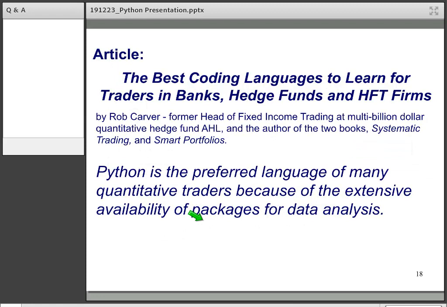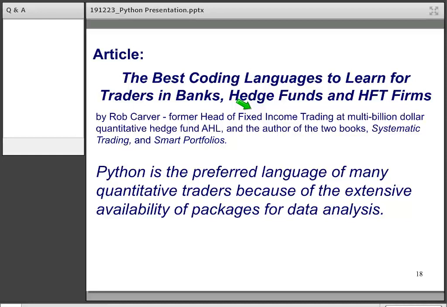Okay. So not only are the major hedge funds and trading desks out there requiring the people who are coming in as traders to be proficient in Python, but you take a look at someone like Rob Carver. Rob Carver is one of the legendary names out there. He was the former head of fixed income trading at the multi-billion-dollar quantitative hedge fund AHL.